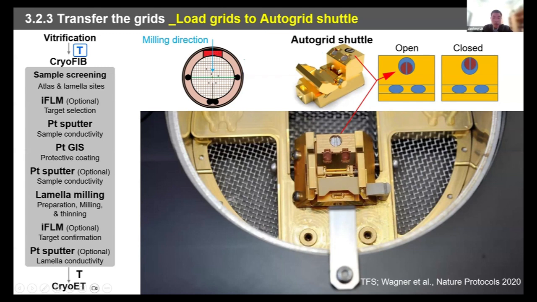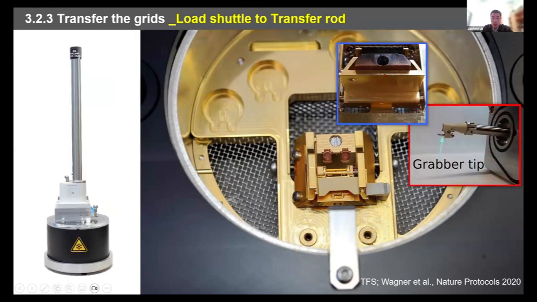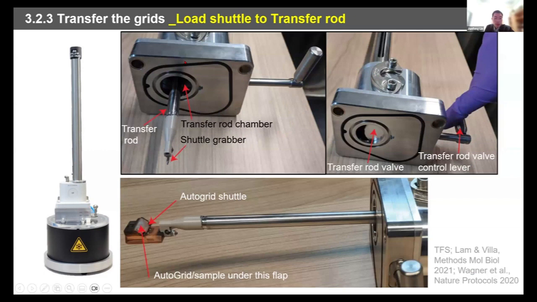So here you will rotate the grid to make sure that the milling slot is facing upwards, and then you lock the location of the grid relative to the Strato, and then transfer it into the transfer rod. So you will release the lock, tilt 90 degrees, and the Strato can be loaded into the transfer rod through its grab tip. This tip has a needle that will insert here and grab this into the chamber. This is loaded into the transfer rod.